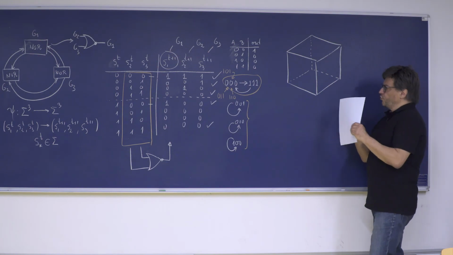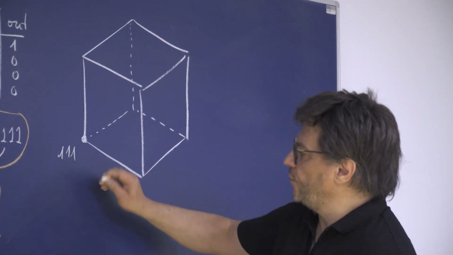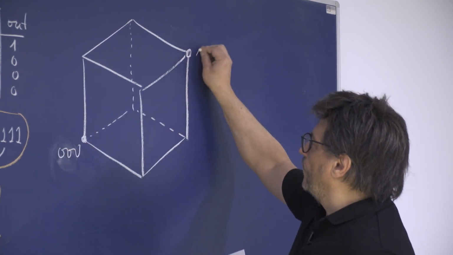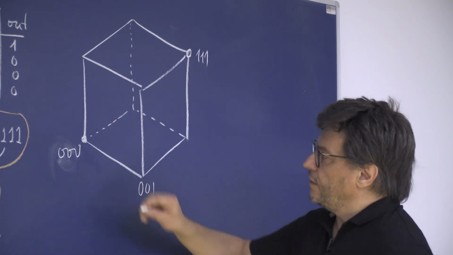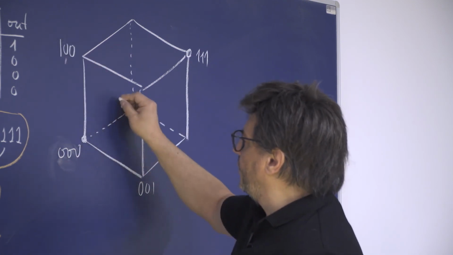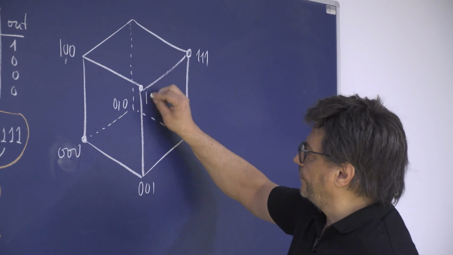This is not evolutionary dynamics, this is dynamical systems. I put here my 0, 0, 0, 1, 1, 1, and let's locate the other values in order.